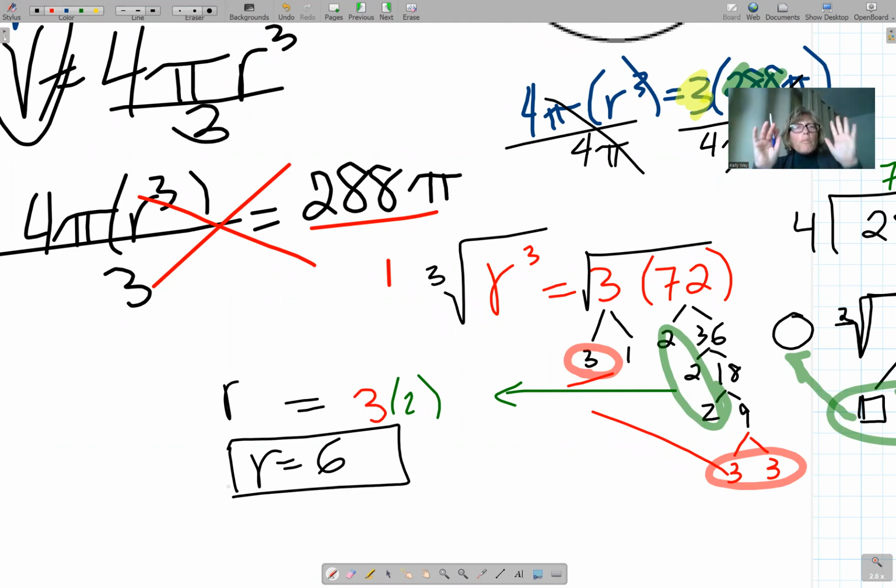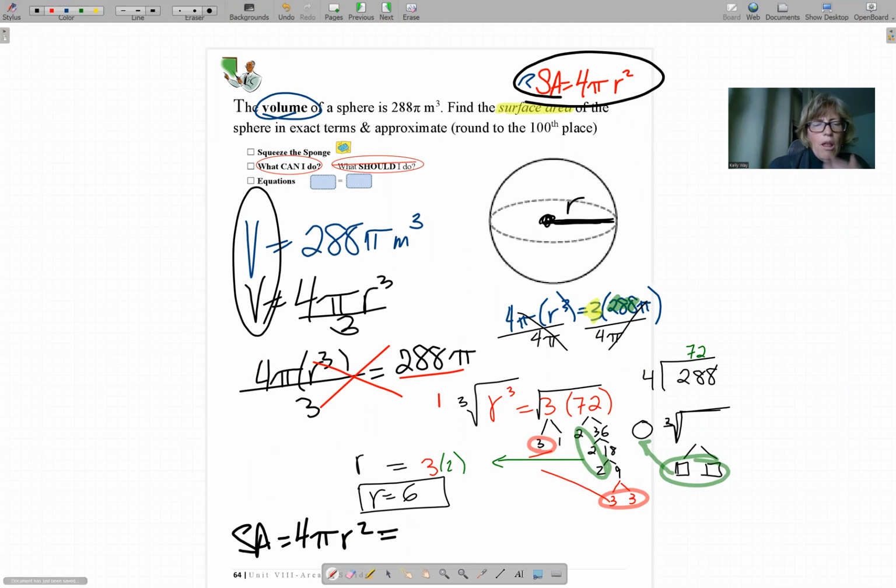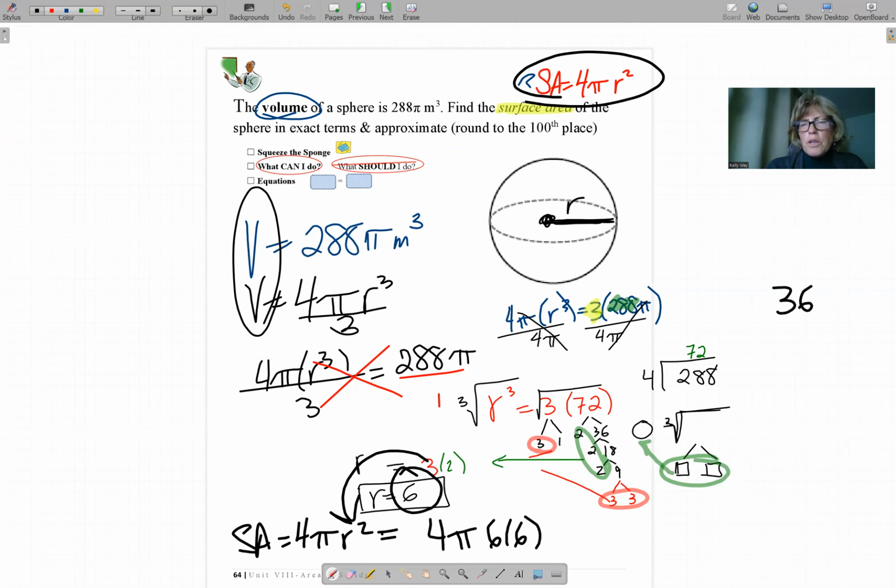Ta-da! Remember, all you need for anything with spheres is just the radius. That's all you need. So now that we have our radius, what we want is surface area, 4 pi r squared, and it's 4 pi circle, plug, chug, get it done. 6 times 6, it's obviously 36 times 4.